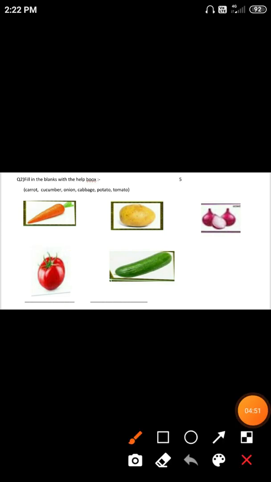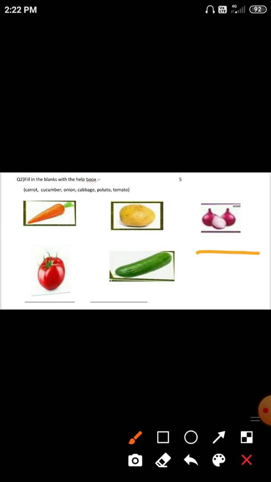Then the second picture, that is potato. So write it here, potato. Then next one, which picture is it? It's an onion picture.